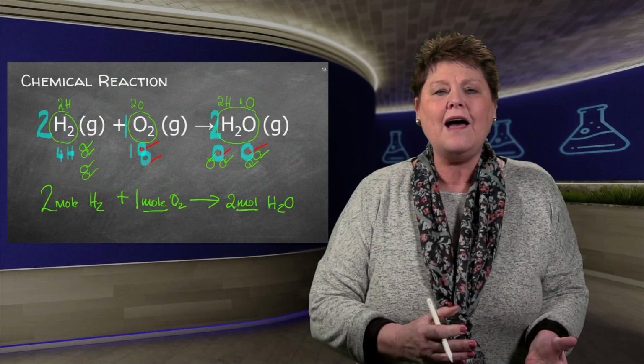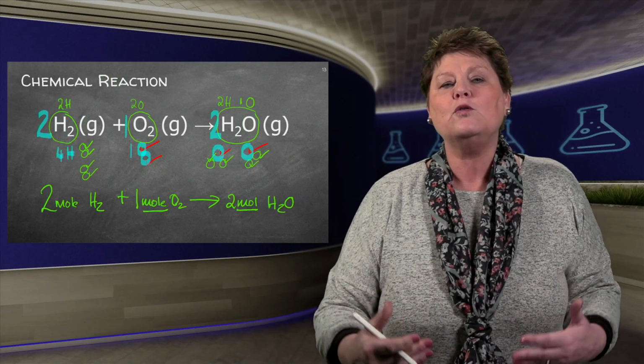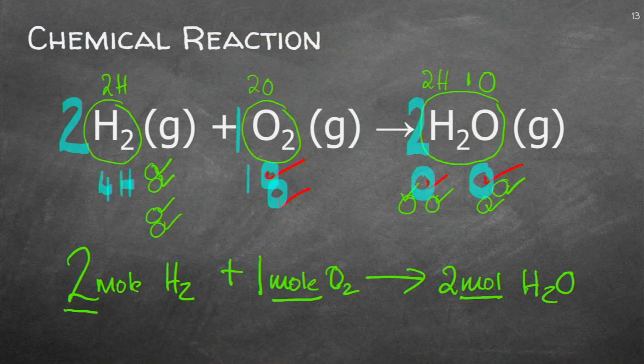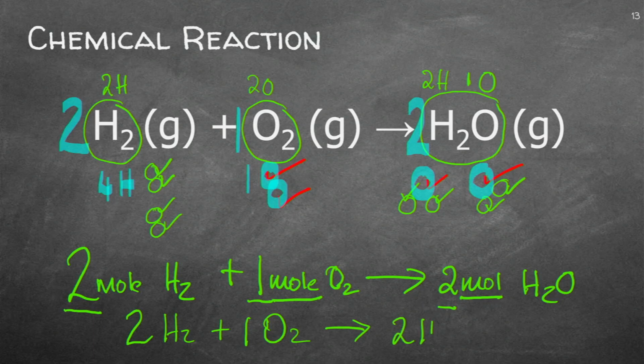You can use either, because you'll see in your textbooks they use either of those. 2 moles of this, 1 mole of that. So can you see, when you balance an equation, that number in front actually tells you how many moles you use and made in your reaction. So the reactants and the products have a certain quantity.